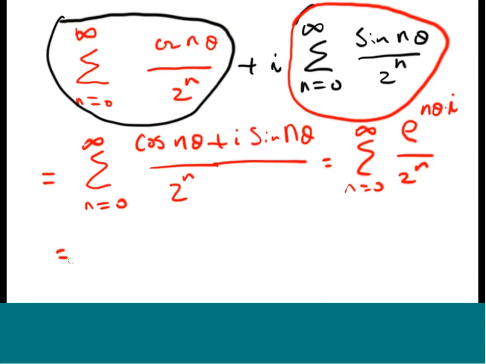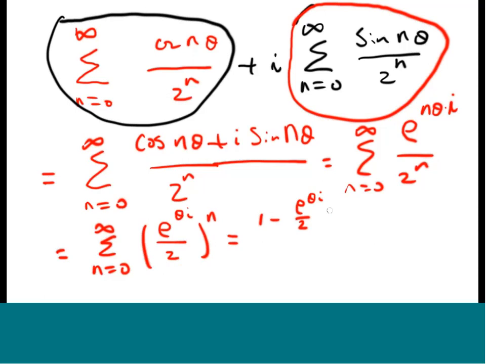So it's going to be the sum from n equals 0 to infinity of e to the i theta over 2, to the n. Then using the geometric series formula, that is going to be equal to 1 minus e to the i theta over 2.